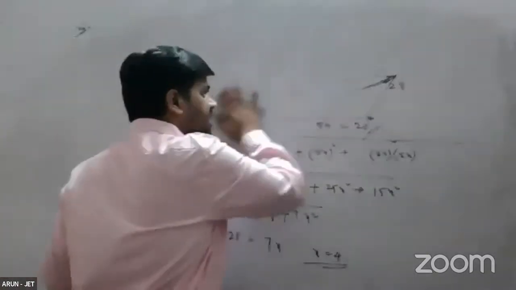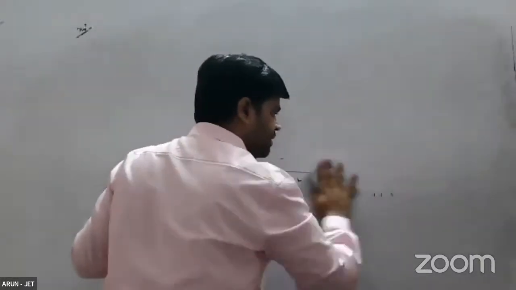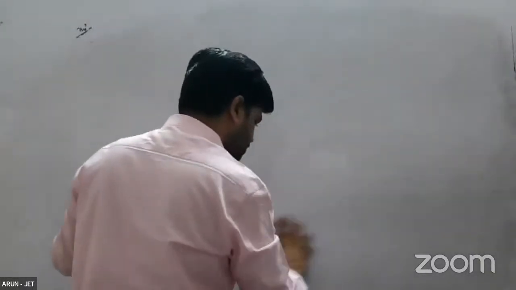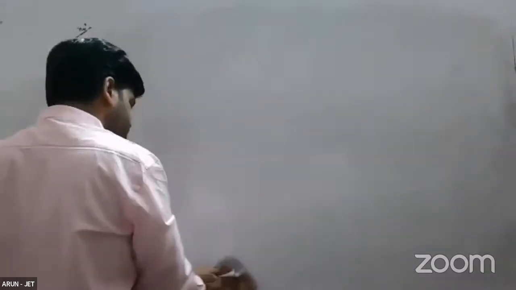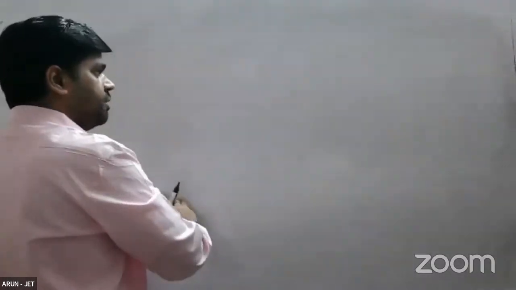Understand that question carefully. I've got two vectors, V1 and V2, the resultant of which is perpendicular to one of the vectors, and the magnitude of that is half the other vector.